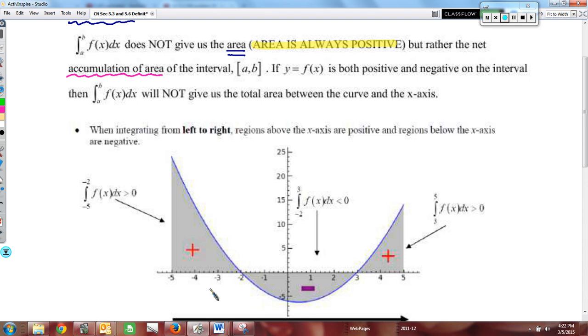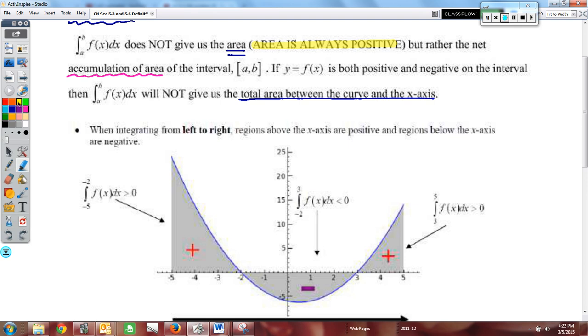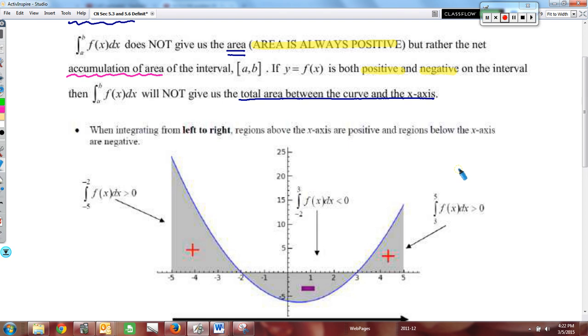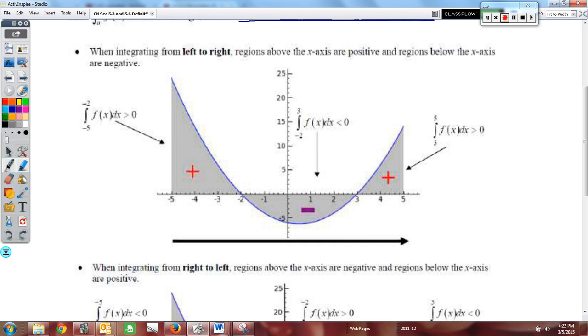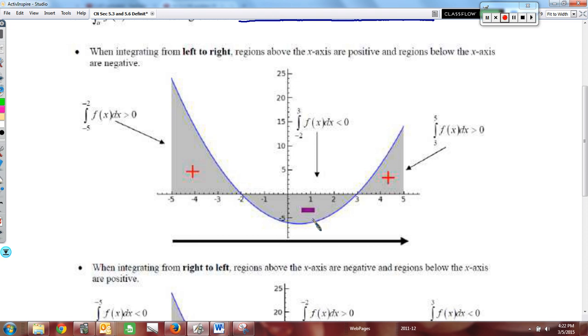When we are doing the definite integral, we have to recognize that it is not going to give us total area between the curve and the x-axis when the curve is both positive and negative on the interval. It is only total area when it is only positive. Here, the area of all three of these regions is positive.